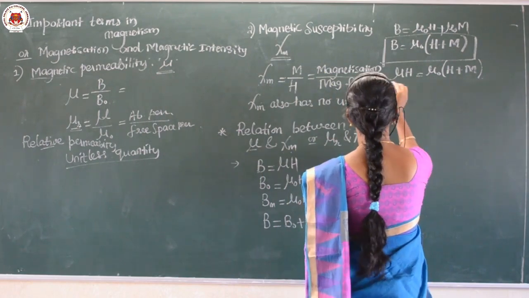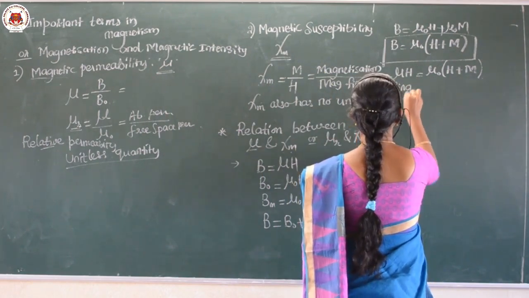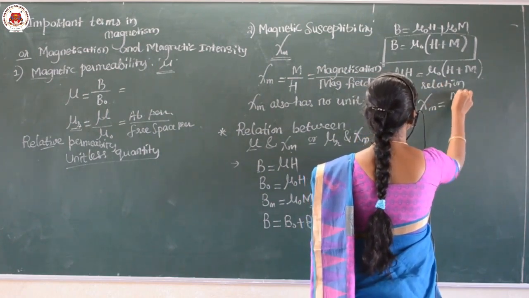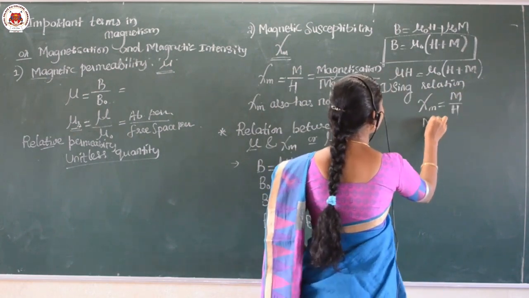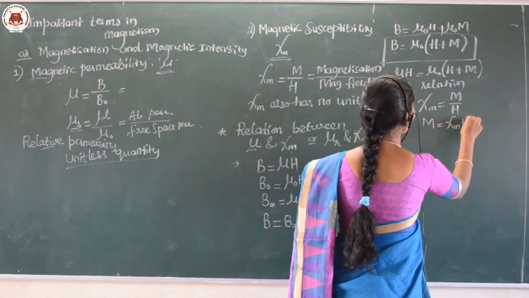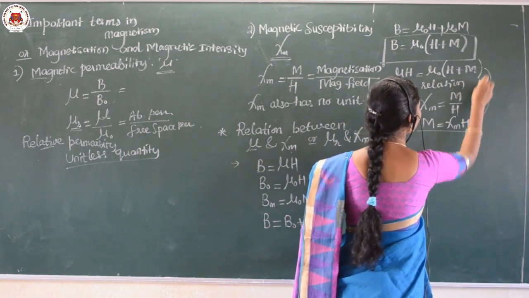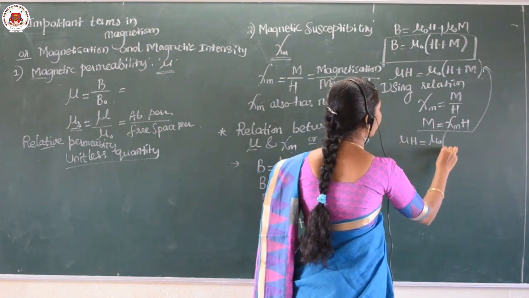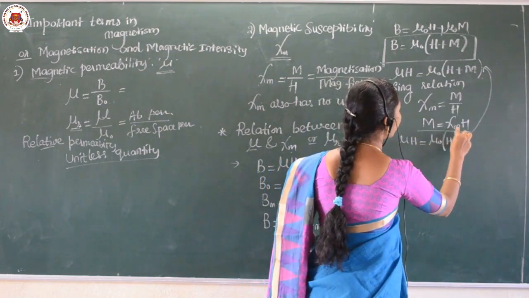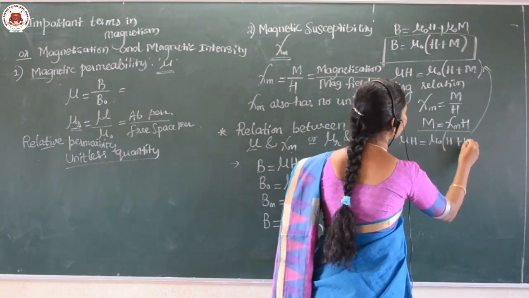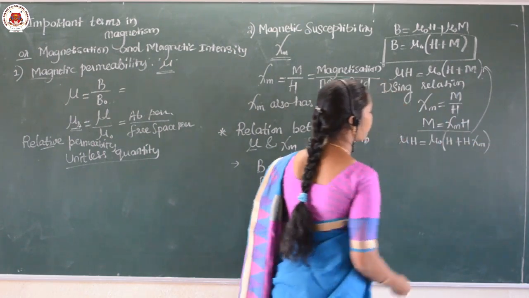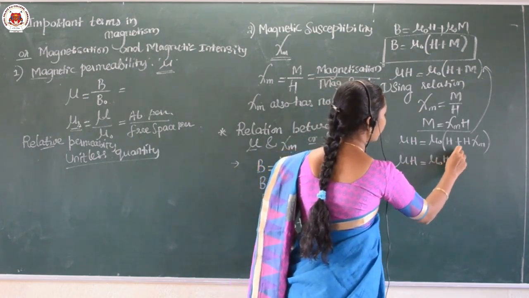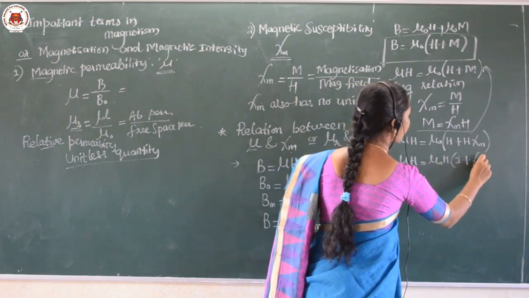You came to know that Xi m means M upon H. Using the relation Xi m is equal to M by H, M is equal to Xi m into H. Put this relation in the above expression: mu H is equal to mu naught into bracket H plus Xi m into H. Then take H outside: mu naught into H times 1 plus Xi m.